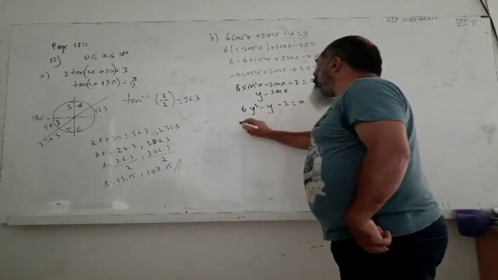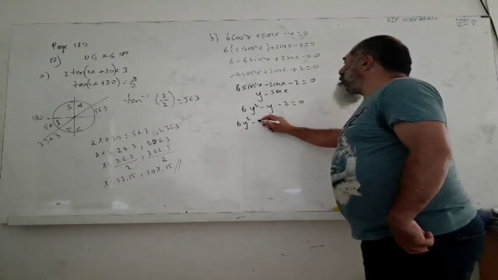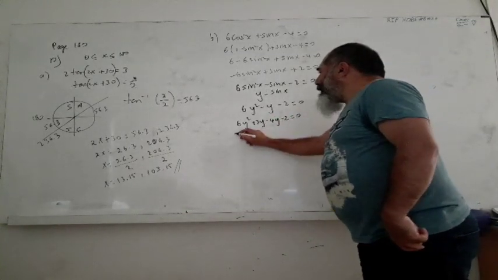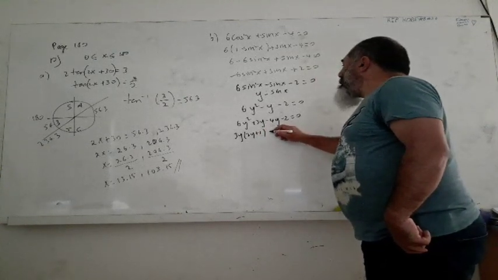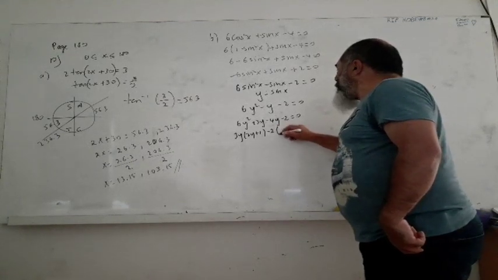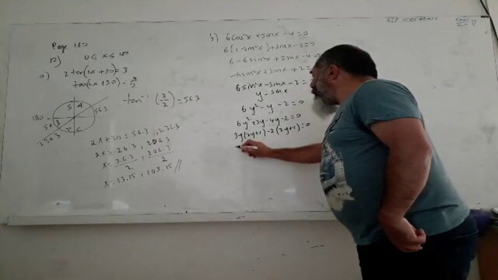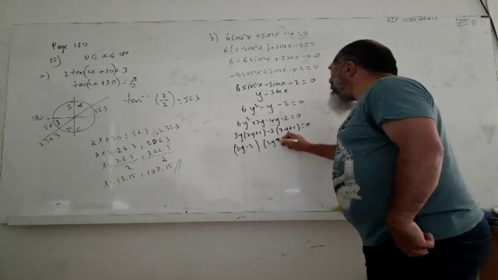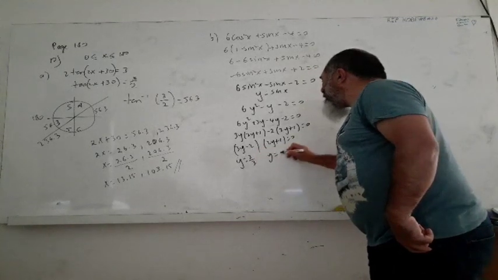6y squared plus 3y minus 4y minus 2 is equal to 0. 3y(2y plus 1) minus 2(2y plus 1) is equal to 0. So (3y minus 2)(2y plus 1) is equal to 0. y is equal to 2 over 3. y is equal to negative 1 over 2.